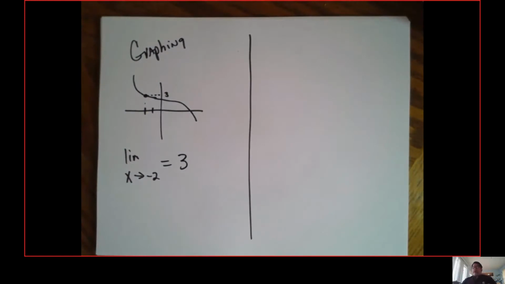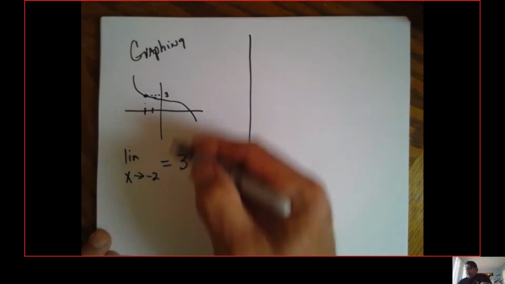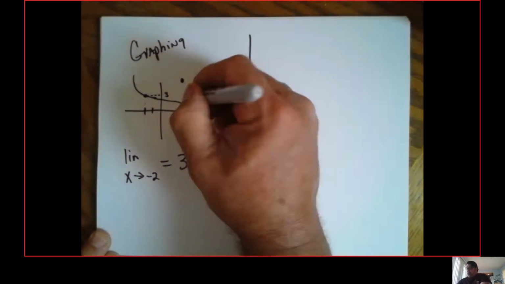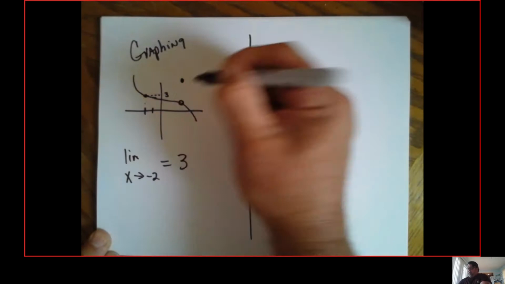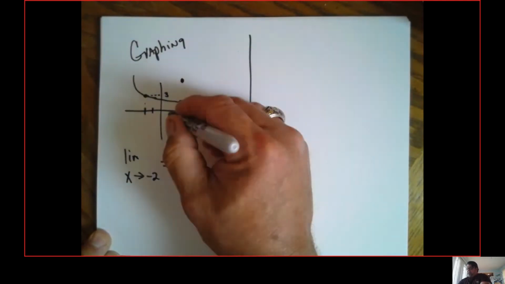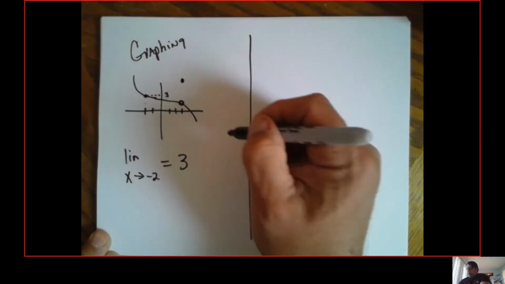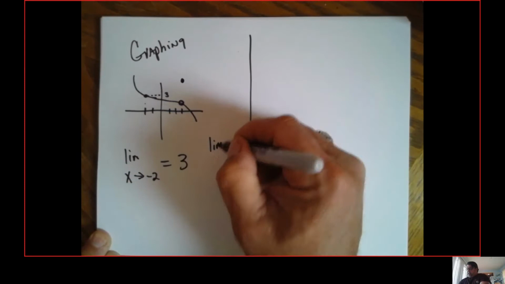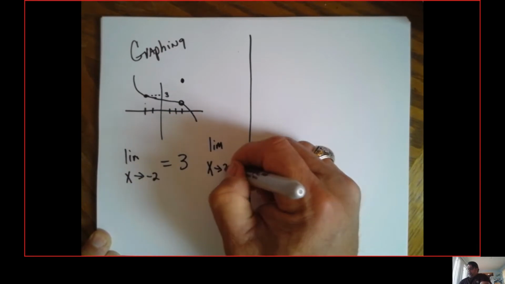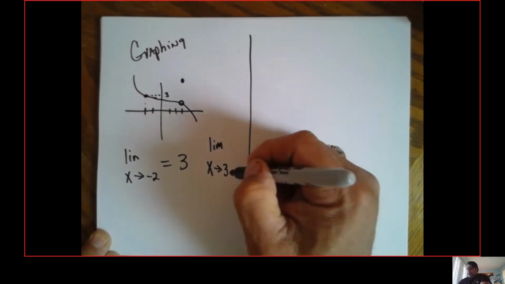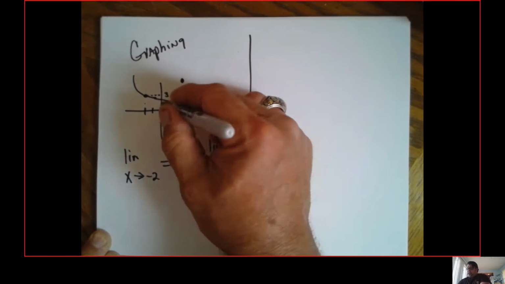And we also went over the graphing sections where you have a dot up here and an open circle right here. And if they ask, and let's say that's 3, what is the limit as x approaches 3? And of course that would be, let's say that's 1.